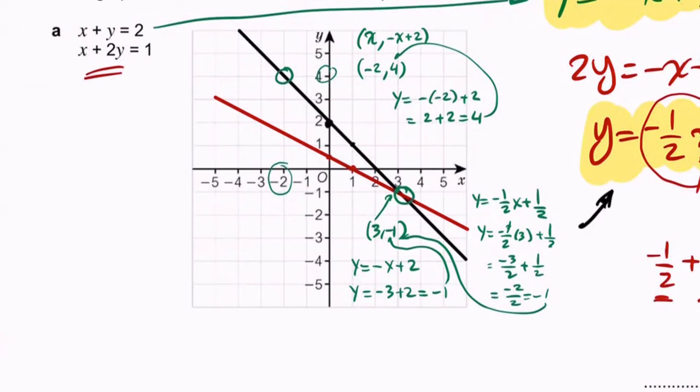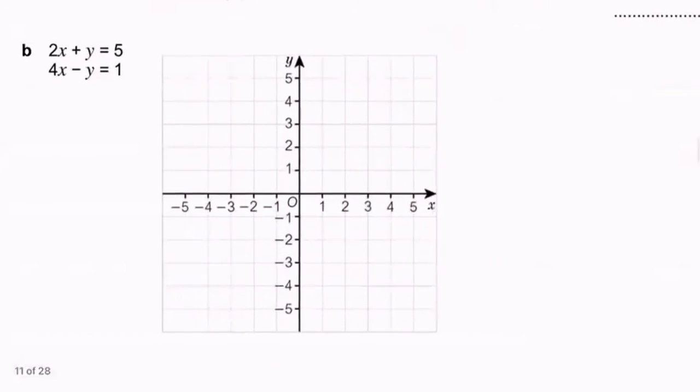Let us go for the other one. This one. So first of all, we need to change the subject to y. Who will help me in this? Y equals minus 2x plus 5. Okay, this is the first one, and that one?